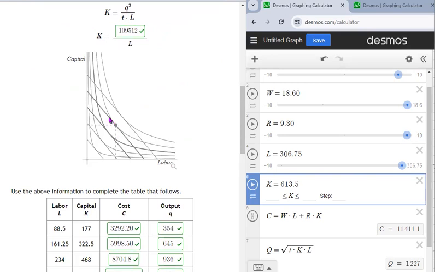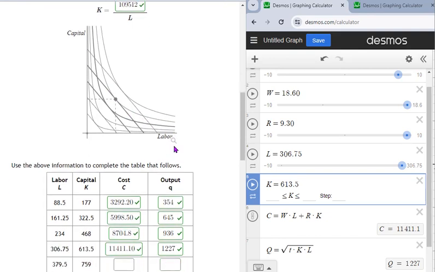Now we're on this fourth isoquant curve. Along this fourth isoquant curve, output is 1,227, right?